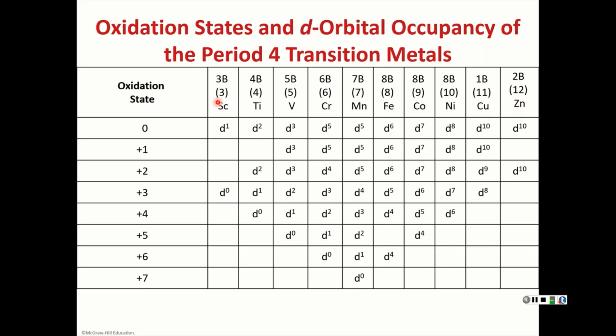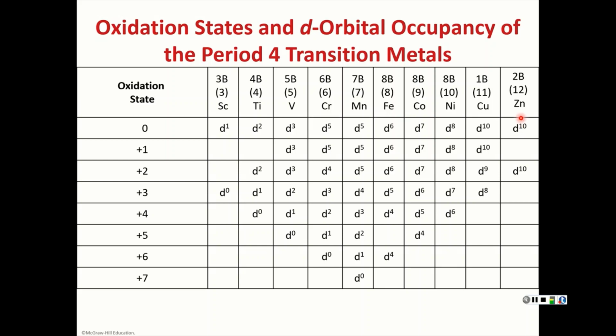You'll see at the ends, zinc and scandium can only really have two oxidation states, a 0 or a +3 for scandium, so it has one d electron or no d electrons in those states. And zinc is either going to be a 0 or a +2, so it always has paired d electrons, so it's always diamagnetic also.